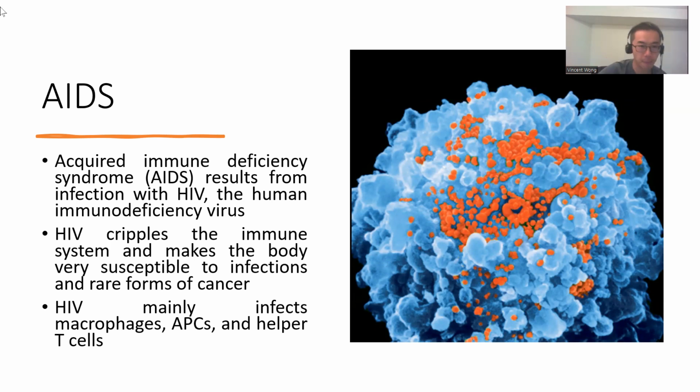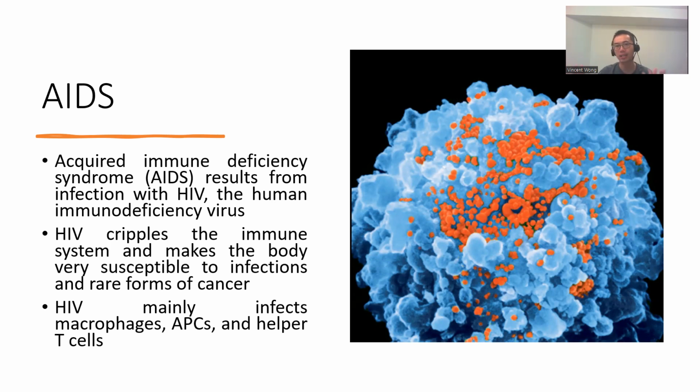The virus HIV is going to cause AIDS, and the virus causes your adaptive immunity to be gone by targeting macrophages as well as other APCs. APCs, if you remember, stands for antigen presenting cells.